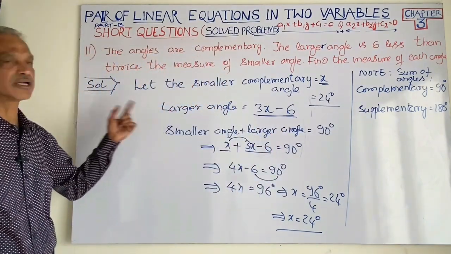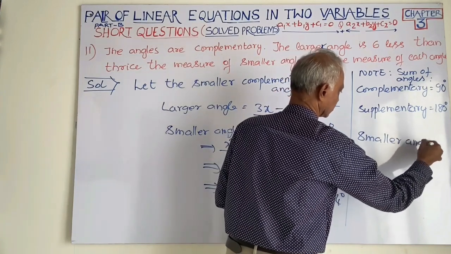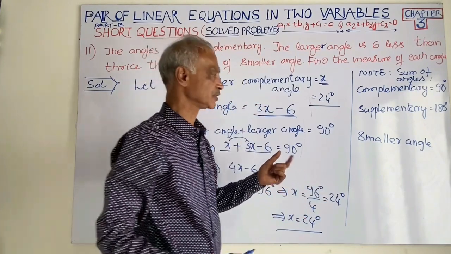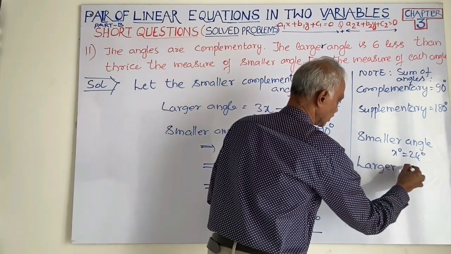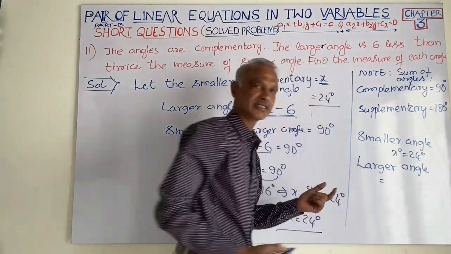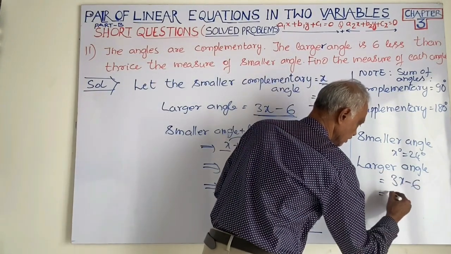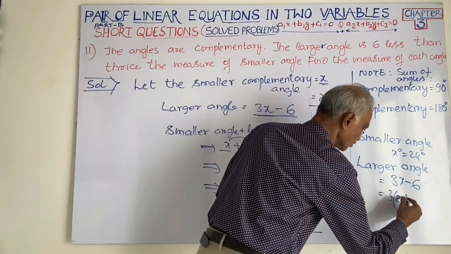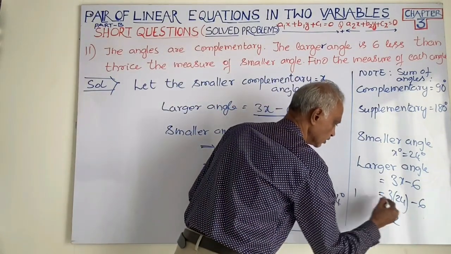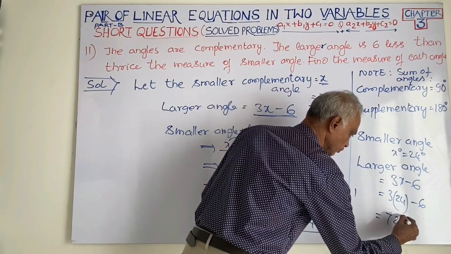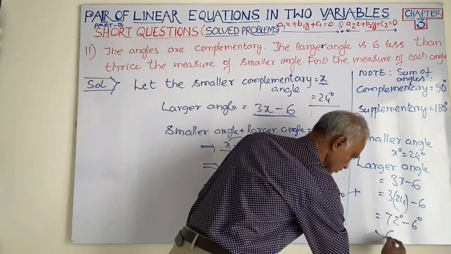Now we have to find the larger angle. Smaller angle x degrees is nothing but 24 degrees, and the larger angle is 6 less than thrice the smaller, that means 3x minus 6. 3 into the value of x, 24, minus 6. 3 4s are 12, 3 2s are 6, 6 plus 1 is 7, 72 degrees minus 6 degrees, that is 66 degrees.